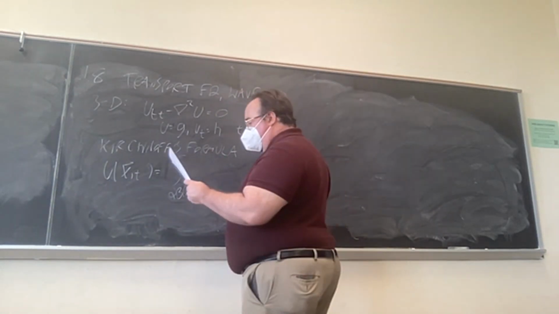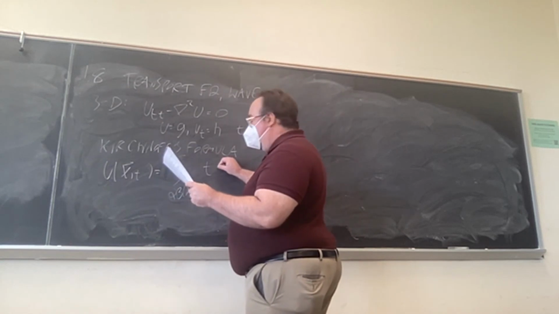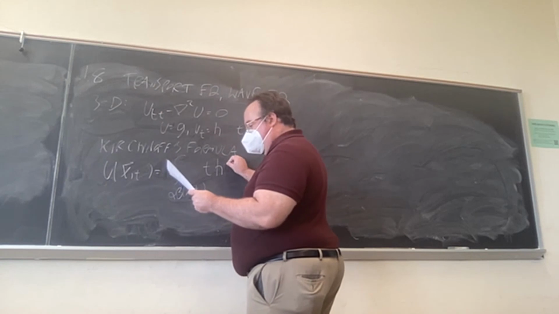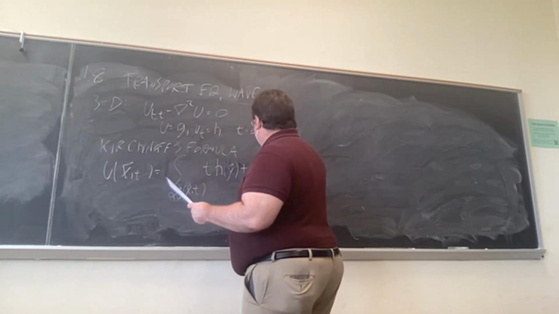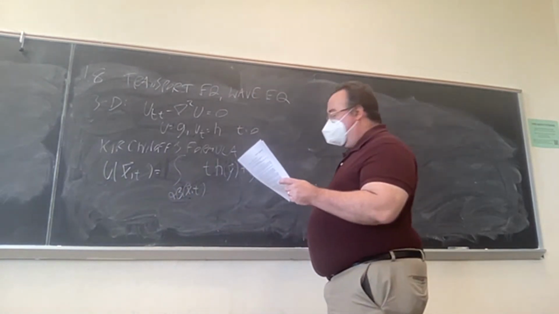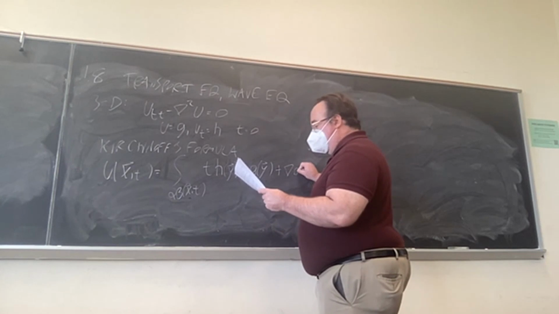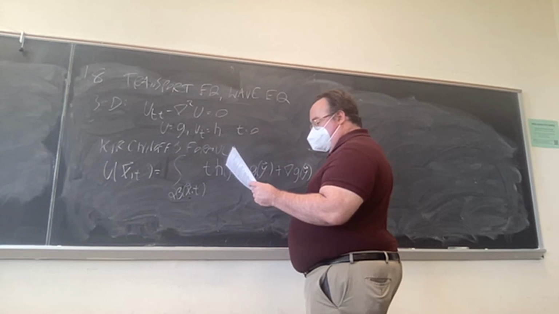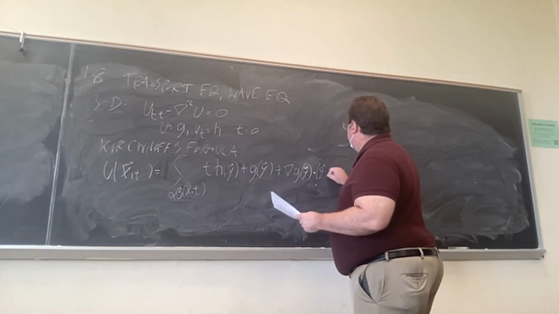And what we're integrating is t times the initial velocity at y plus the initial displacement at y, and then we have an additional term, gradient g dot product with y minus x.